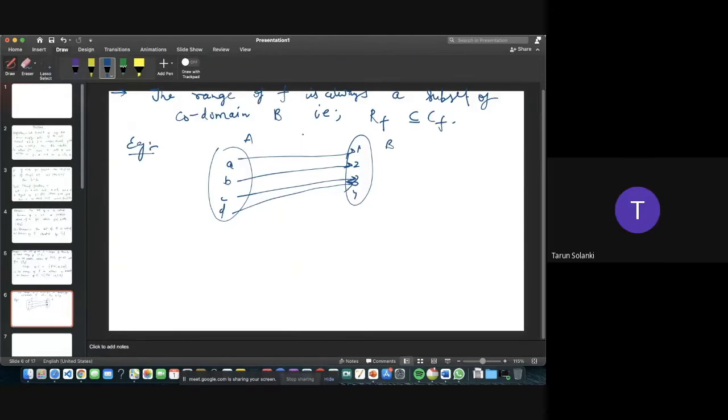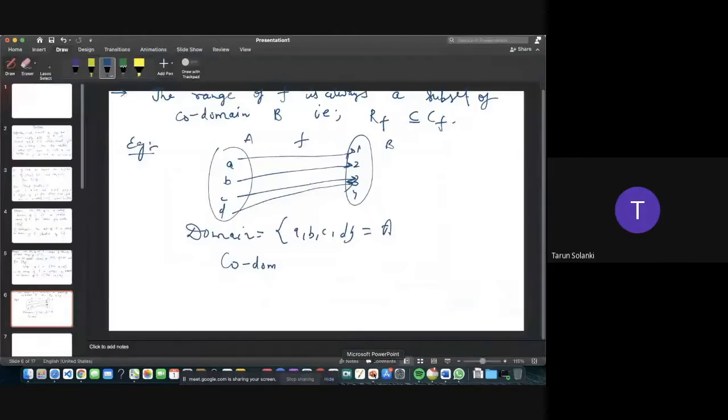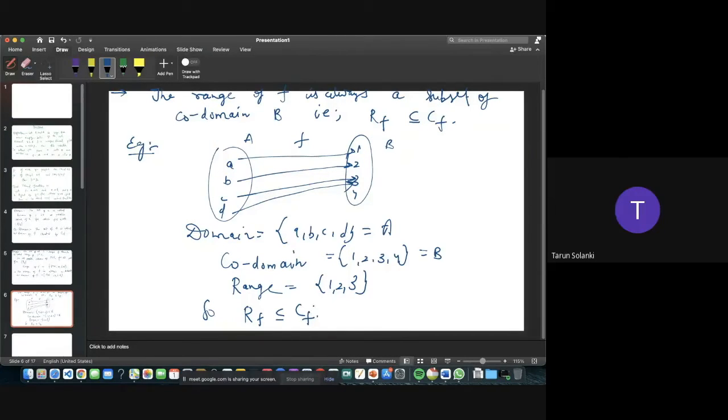From the figure we can say the domain is a, b, c, d, which is A. The codomain is 1, 2, 3, and 4, which is B. And the range is 1, 2, and 3. So R of f is a subset of C of f.